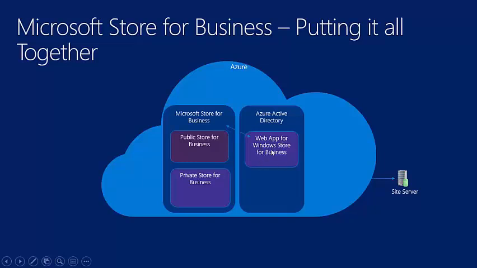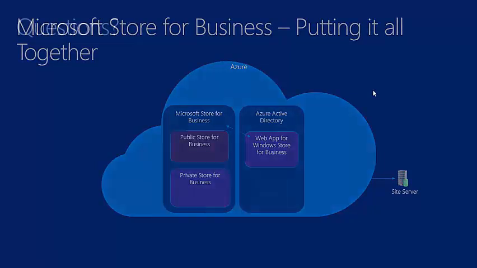The web app is where we permission access to the store for business, and because of all of this connection all the way through, that's how it works, that ConfigMgr can synchronize the detail from your store for business all the way through and get it to itself and present it for you, and then you can use it, etc., right? So that's really it, right? Pretty easy, pretty compelling to be able to integrate the store for business and ConfigMgr. We'll wrap it for now, and we will continue this session next time.